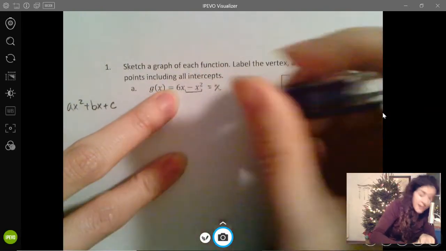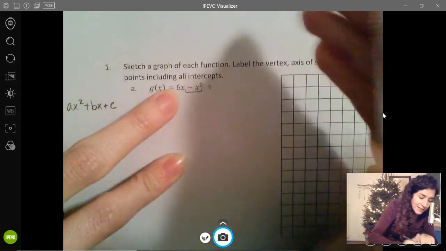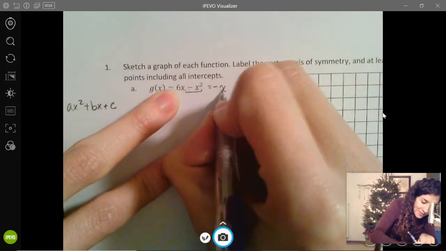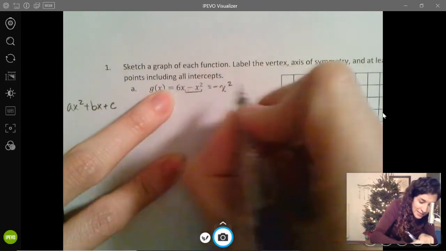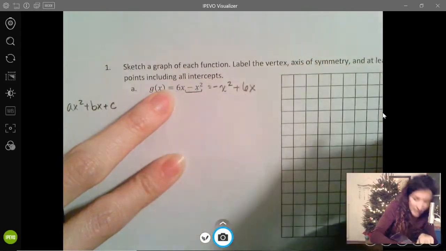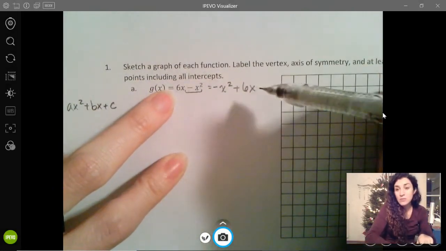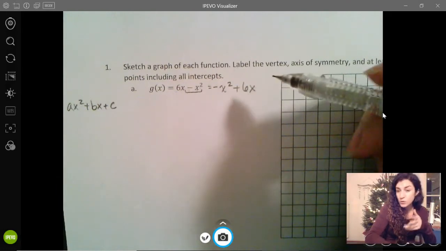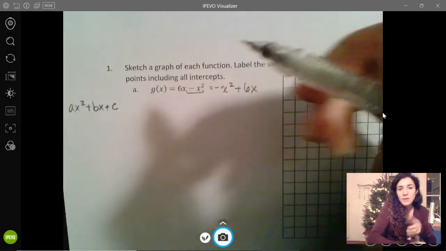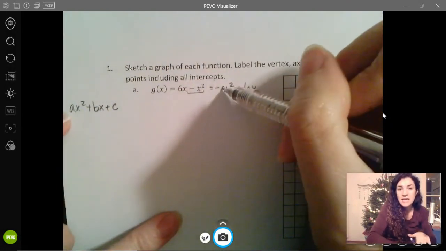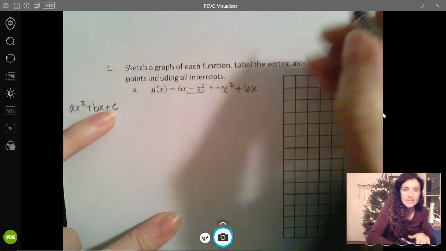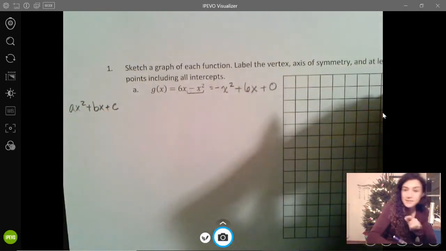So this becomes, I say that and then I don't write it. So silly. Okay, negative x squared, and then this is a positive 6x. So that's rewriting it so it's in the general form, the standard form. And so now it might be a little bit easier to see that a is -1, b is 6, and c is 0.